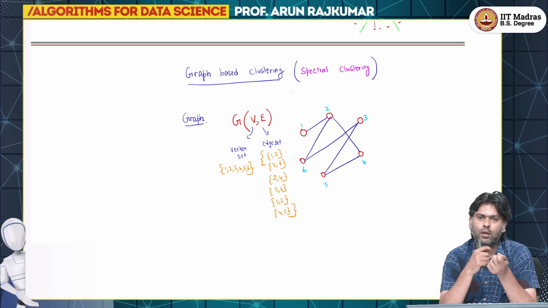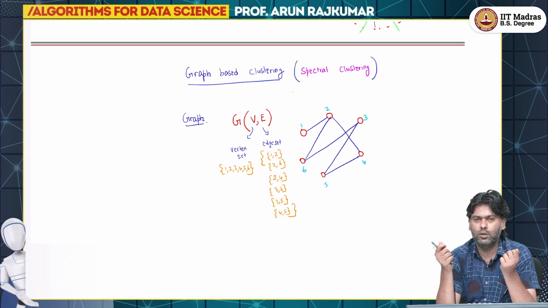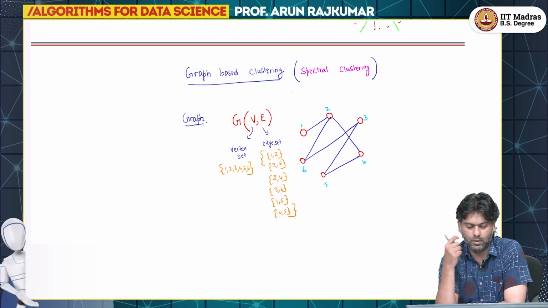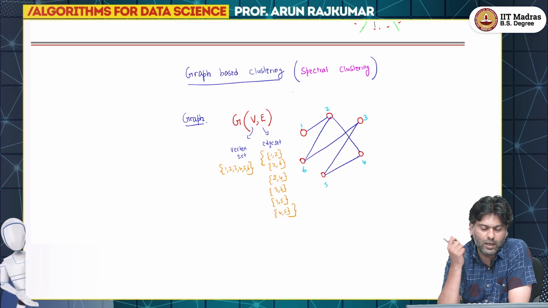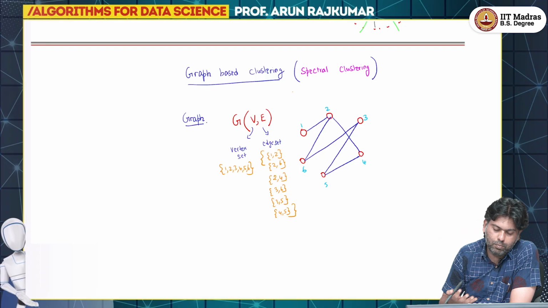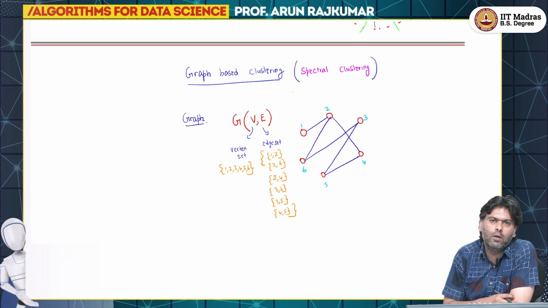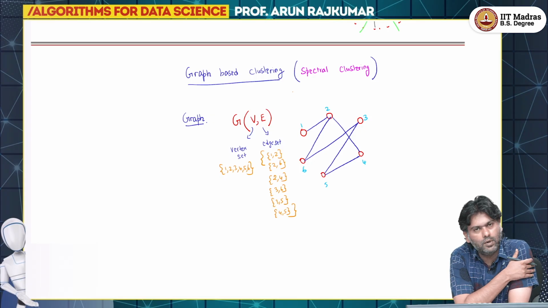So you may want to distinguish the relationship's directionality. But for the purposes of clustering, where we are thinking of data points as vertices, and we'll define what the edges are in a minute, we will work with undirected edges.